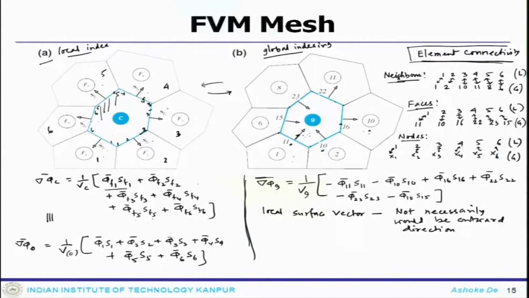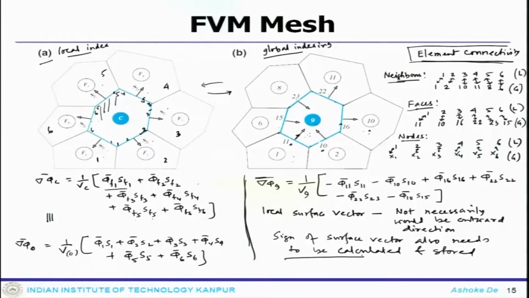So, one case it is negative, that is coming inward, the same surface vector would be the positive for the other element which has that common face. So, that means the sign of surface vector also needs to be calculated and stored. So, that information is also required and very important.